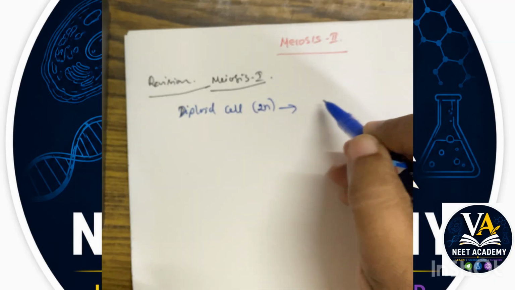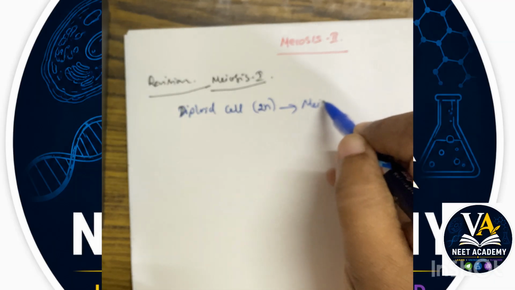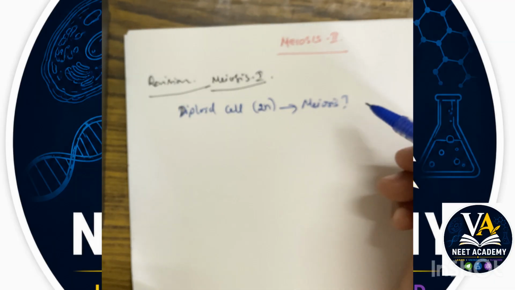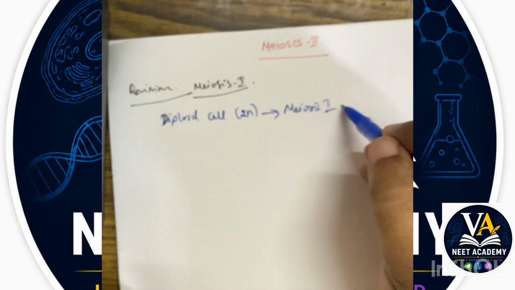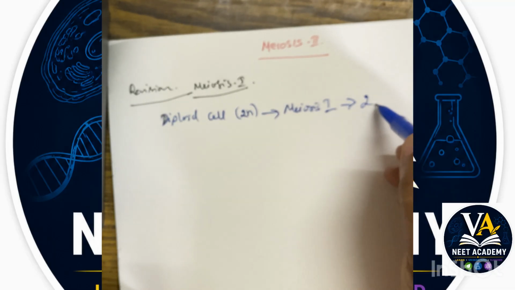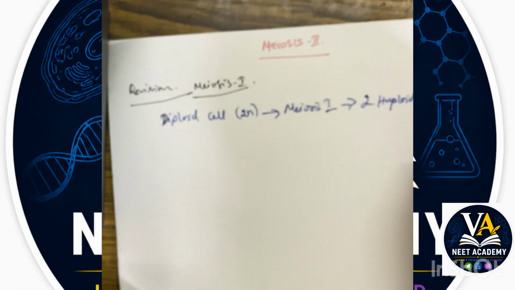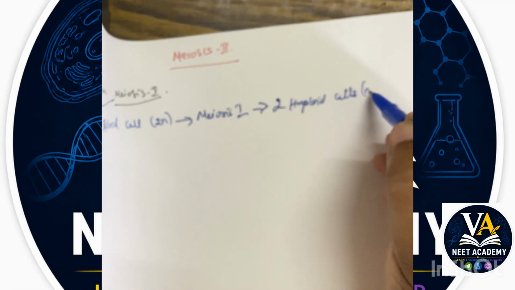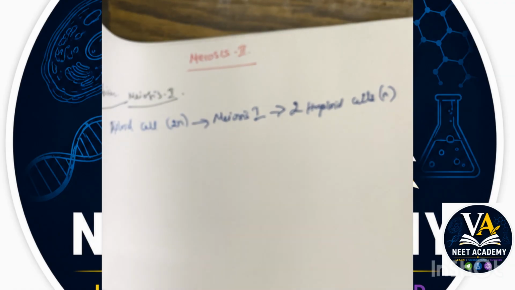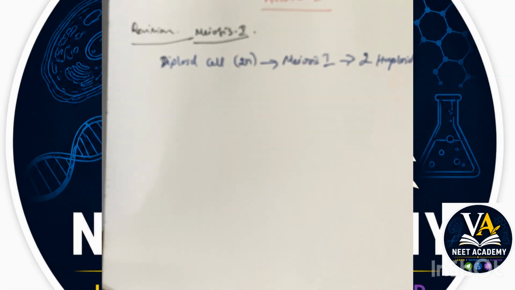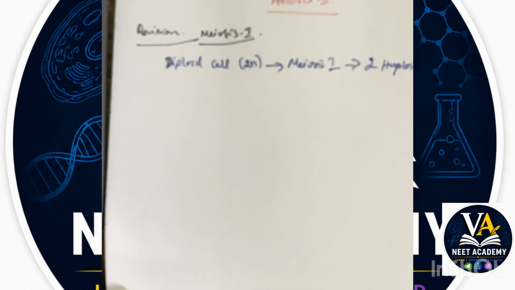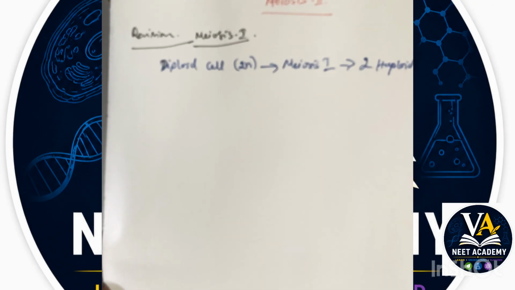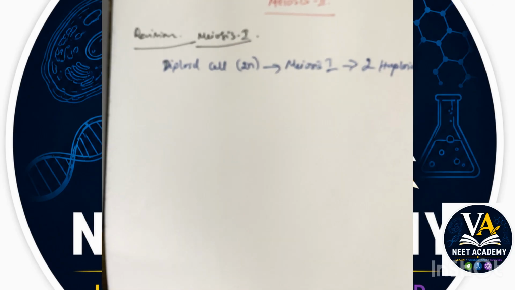And this 2n undergoes the process of meiosis I, giving you 2 haploid cells, and because it is haploid, it is just n. So 2n becomes n. From one parent cell, you get two daughter cells with a haploid number of chromosomes.